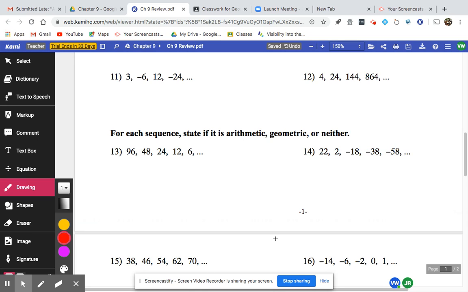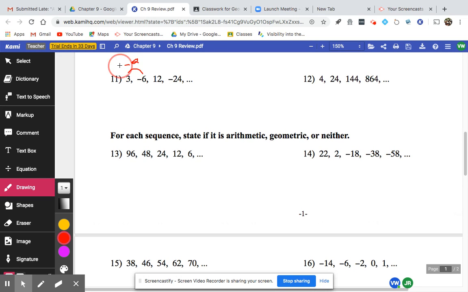Now, number 11 and number 12, they are both geometric, which means I have a common ratio, the same number that I'm multiplying to get from one term to the next. I alternate in number 11 between positive and negative, so I'm going to be multiplying by a negative number. So here, I'm actually multiplying by negative 2. To get from negative 6 to positive 12, multiply by negative 2.